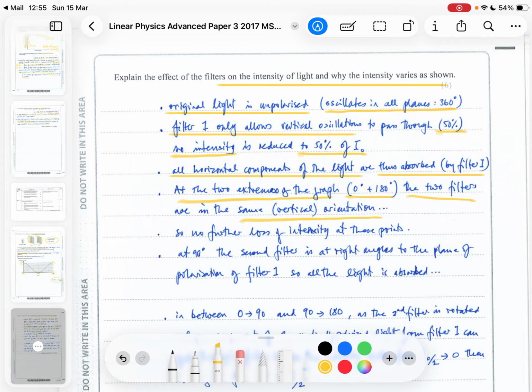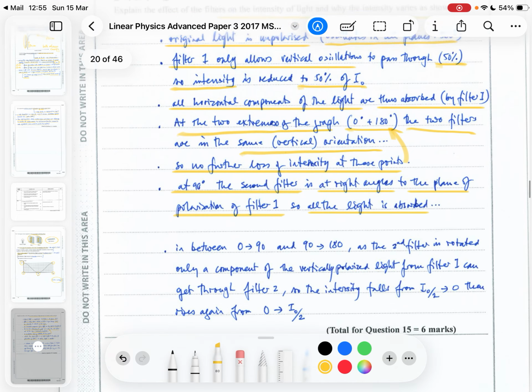No further loss of intensity occurs at these points. But at 90 degrees, the second filter is at right angles to the plane of polarization of filter 1. Because basically these Polaroid filters are crystalline structures which only allow the light to get through if it's going in between the planes of the crystal. So all the light will be absorbed at 90 degrees.